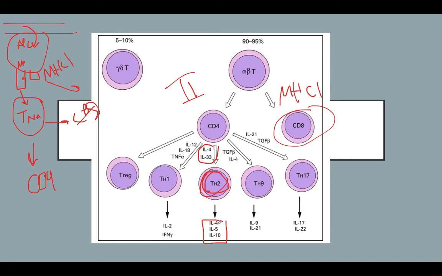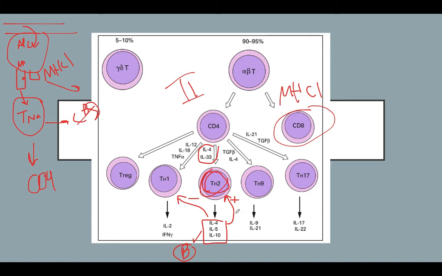Interleukin 4, 5 and 10 are mainly responsible for B cell stimulation, and they will inhibit the formation of Th1 and stimulate the formation and proliferation of Th2. That is all about the cytokines secreted by the Th2.